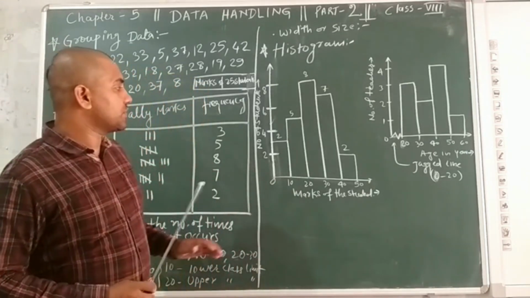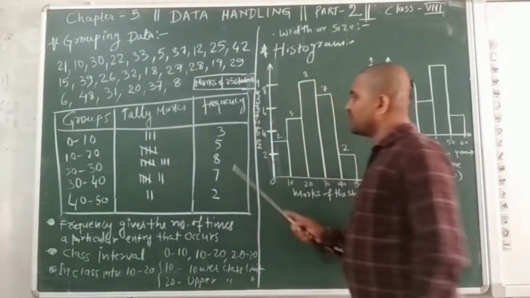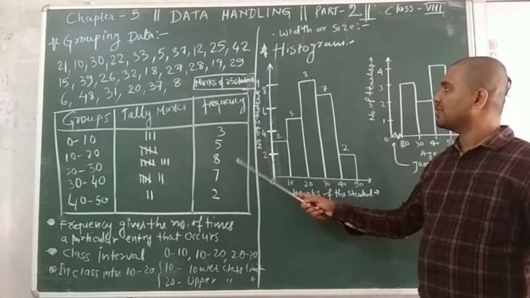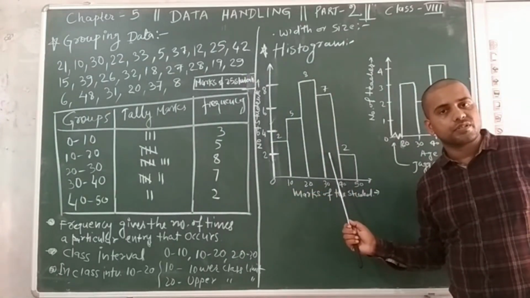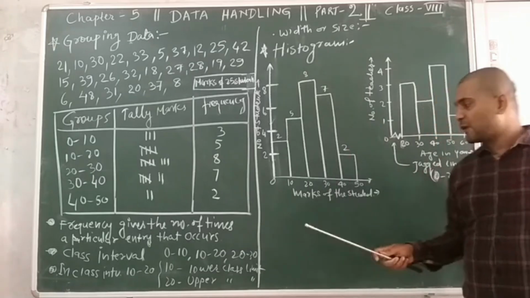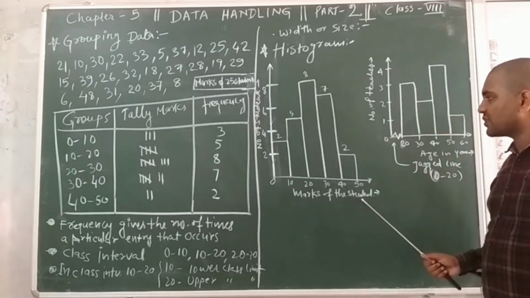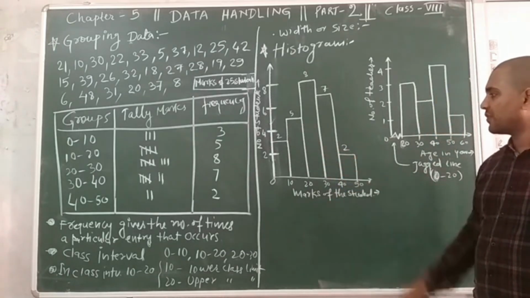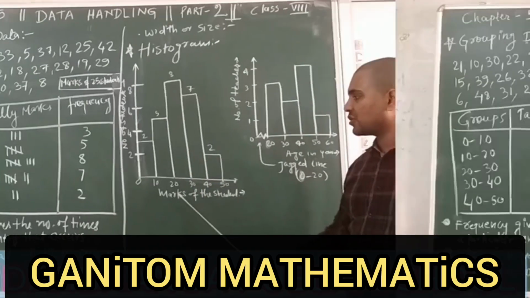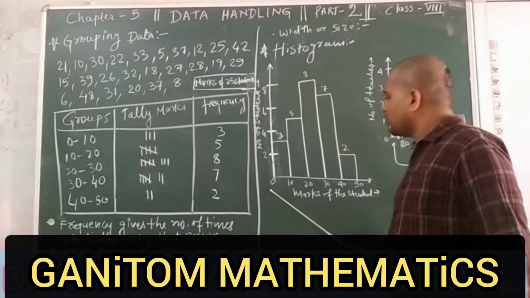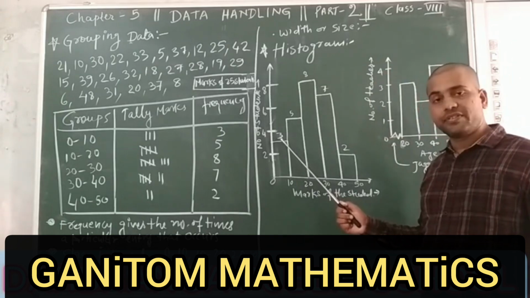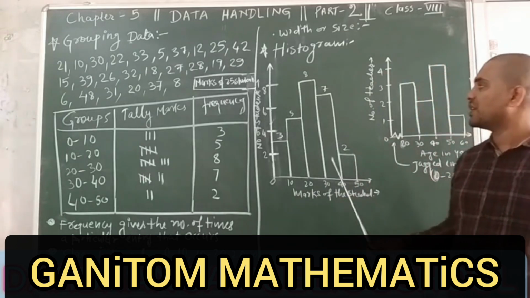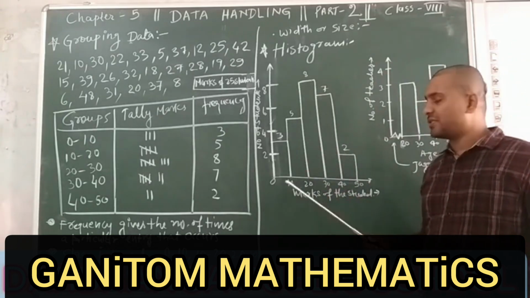For the same table, you can see this histogram has been drawn. You can see marks of the students and number of students. For 0 to 10 marks, we have 3 students. For 10 to 20, we have 5 students.